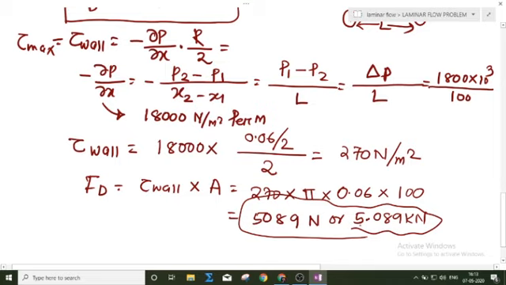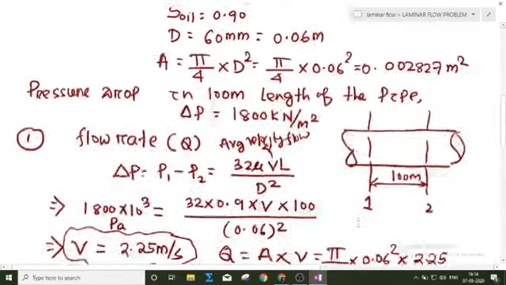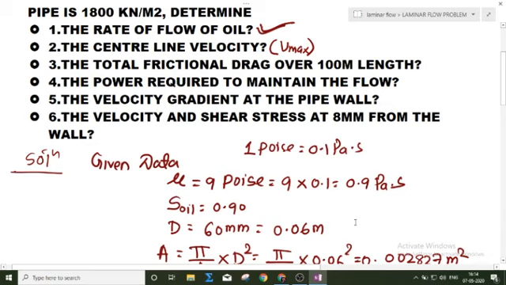Now we have to find out what the next parameter is asking. We found out this one, this one, and this one. So now it is asking what is the power required to maintain the flow.